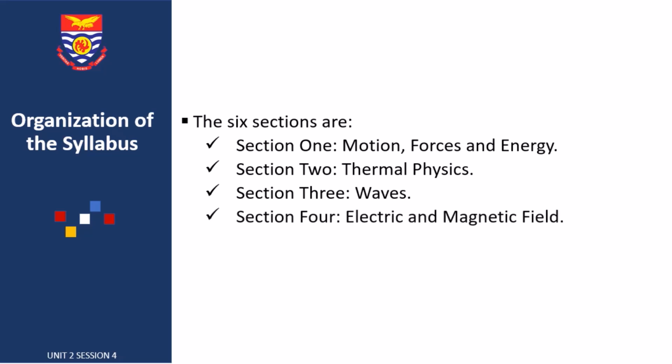Then Section 4 talks about electric and magnetic fields. So we all know that magnets play a very important role when it comes to instrumentation, and all these are discussed in Section 4. Section 5 talks about atomic and nuclear physics.